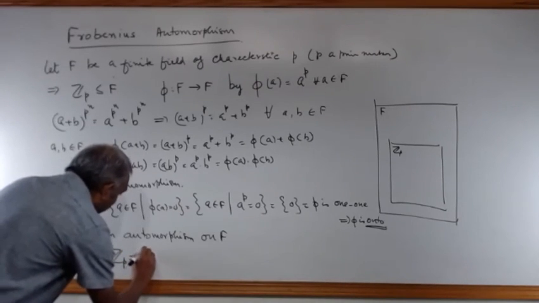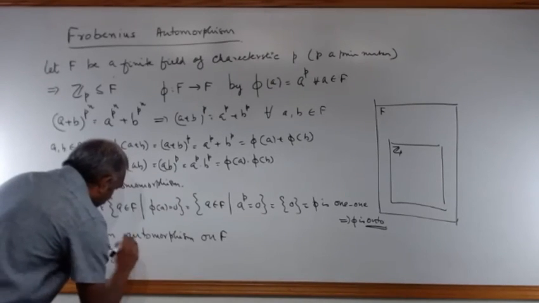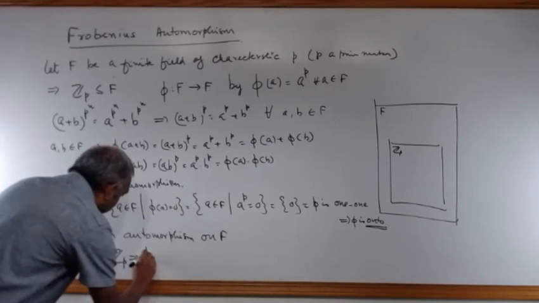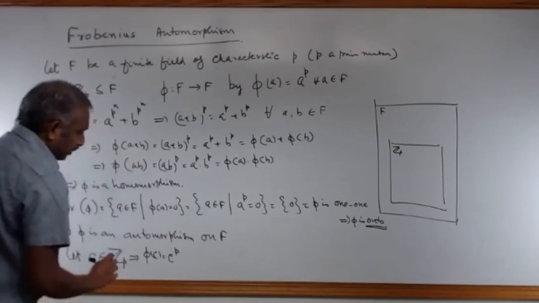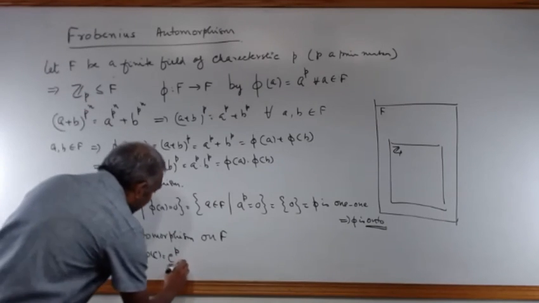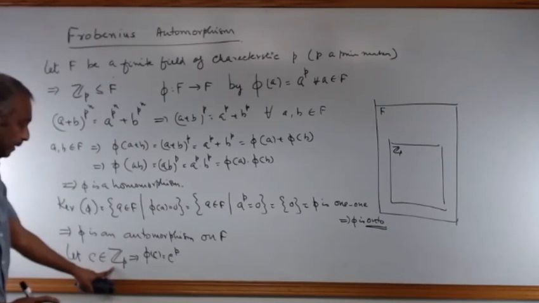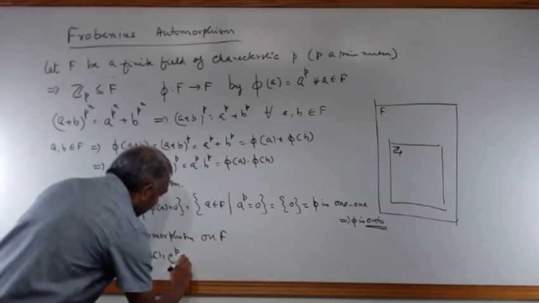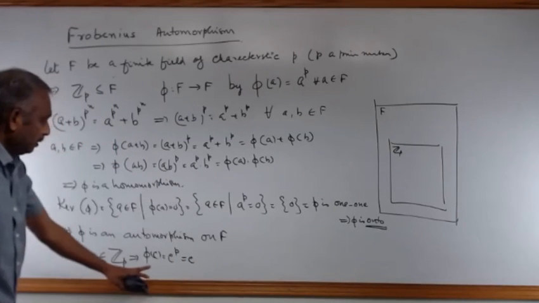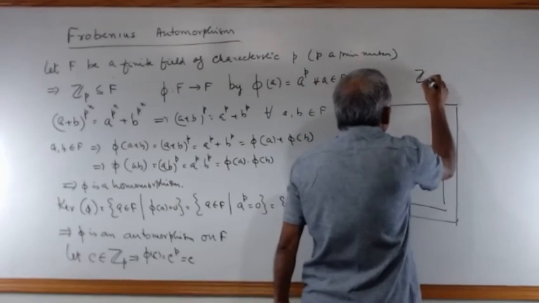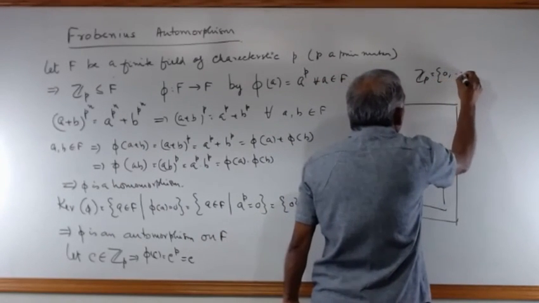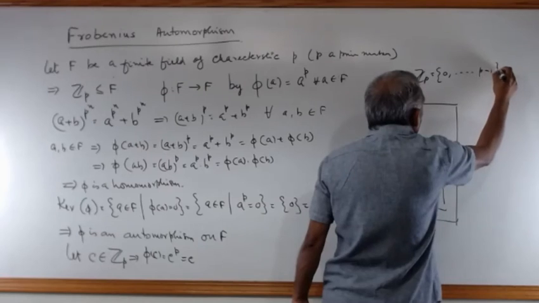That means phi of C is equal to C to the power of P. But C is from Z_P, so that is actually equal to C, because what is Z_P? Z_P is equal to {0, 1, ..., P minus 1}.